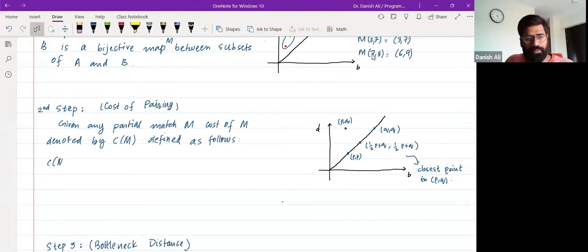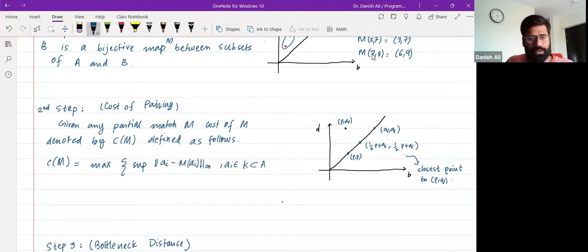C of M is the maximum of the following 3 things. First is the sup of the infinite distance between a_i and M of a_i. Here a_i belongs to some subset of A.